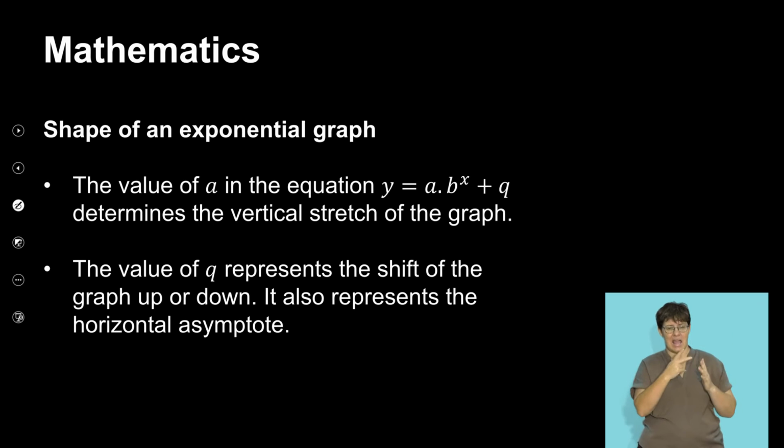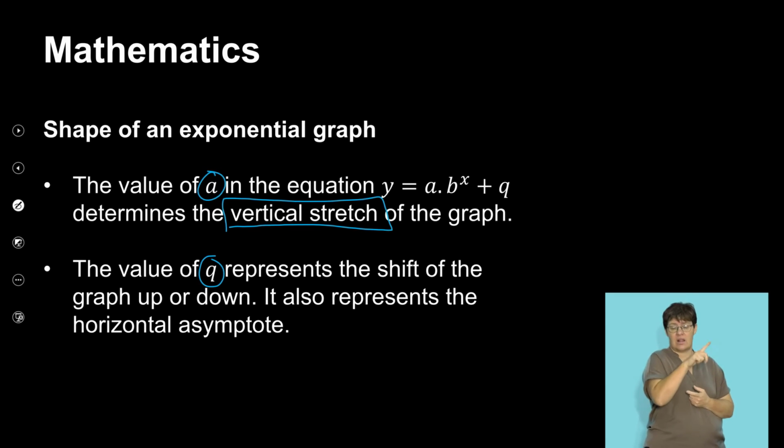Now, when we analyze the shape of an exponential graph, what does the a value do and what does the q value do, right? So firstly, the a shows us what we call the vertical stretch of the graph, right? Vertical stretch meaning it becoming a bit stretched vertically, and not really enlarged horizontally, no, stretched vertically. And then the value of q represents the shift of the graph up or down, right?